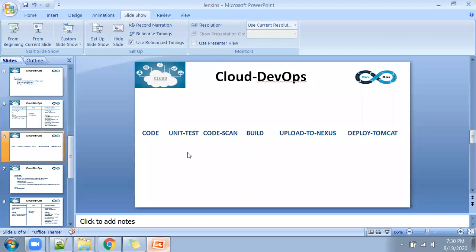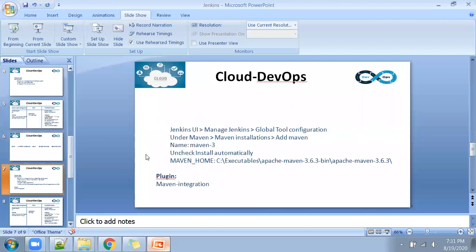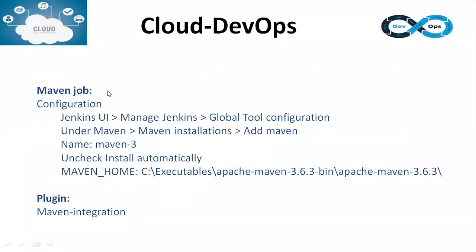Since all the stages we are able to implement using a freestyle job, let's go to the Maven type of job. If you want to implement a Maven type of job for the DevOps lifecycle, you still have to follow some basic configuration. You have to go to the Jenkins user interface, go to Manage Jenkins, and under Global Tool Configuration, under Maven and further under Maven installation, you have to click on Add Maven.